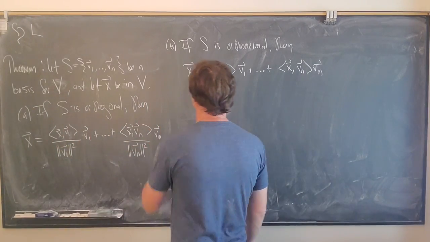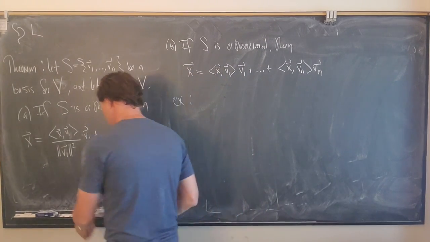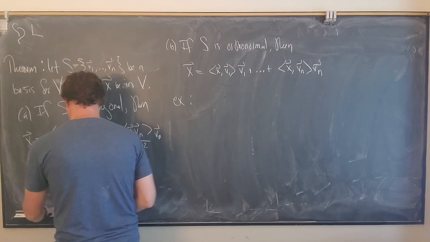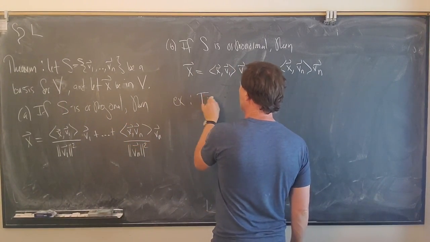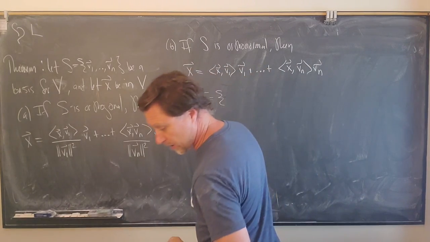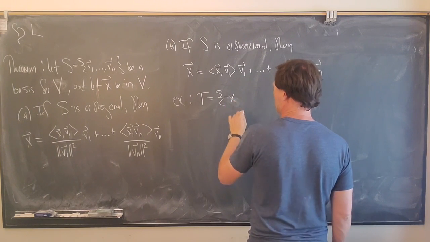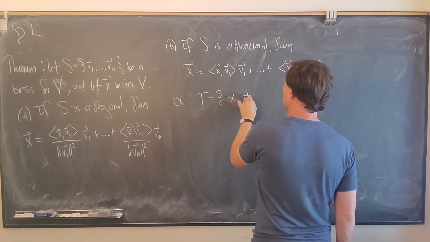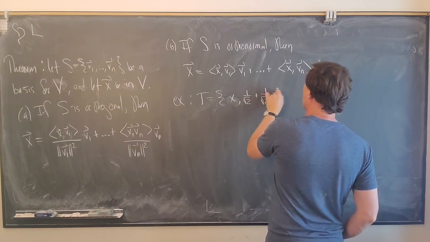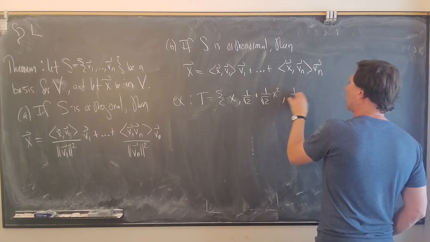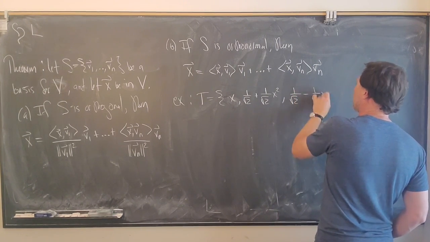So let's do a quick example using the orthonormal basis that we concocted a few minutes ago. So let's say T, this is the one that we called T a minute ago, and so that's going to be x, 1 over root 2 plus 1 over root 2 x squared, and 1 over root 2 minus 1 over root 2 x squared.